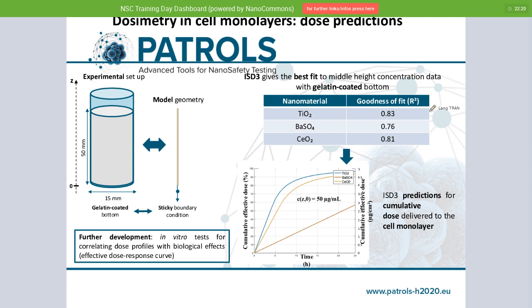And again, as I explained to you before, you can see the building up at the bottom, the cumulative dose for different materials at the bottom in here. This is the kind of thing that you are interested in. Perhaps this is what you should use to relate to your responses instead of counting on the administered dose.